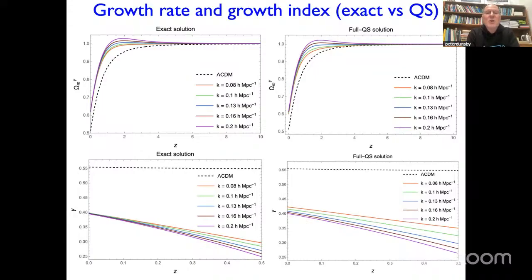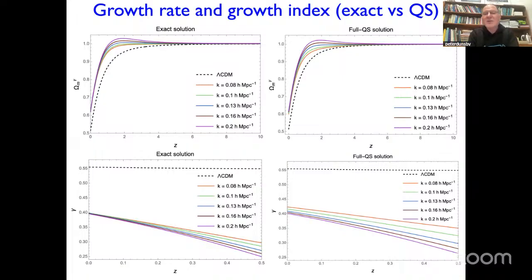Ideally, one should be working with the exact solutions, not the quasi-static approximation. The difference is particularly big on those scales, the so-called quasi-linear scales, for k values between 0.02 and 0.2.